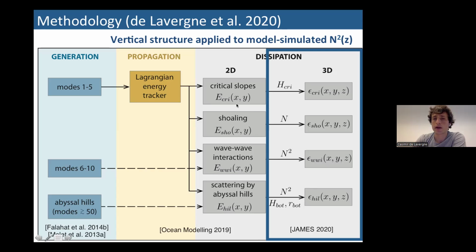For critical slopes, I have also estimated this for each grid cell in the global ocean, the fraction of energy of a beam that will intersect at least with a critical slope. So each of these processes has a parameterization, and then the calculation ultimately will give me the fractions, right? What is the power? And this one is the simplest in the sense that it's just a decay time that depends on latitude.